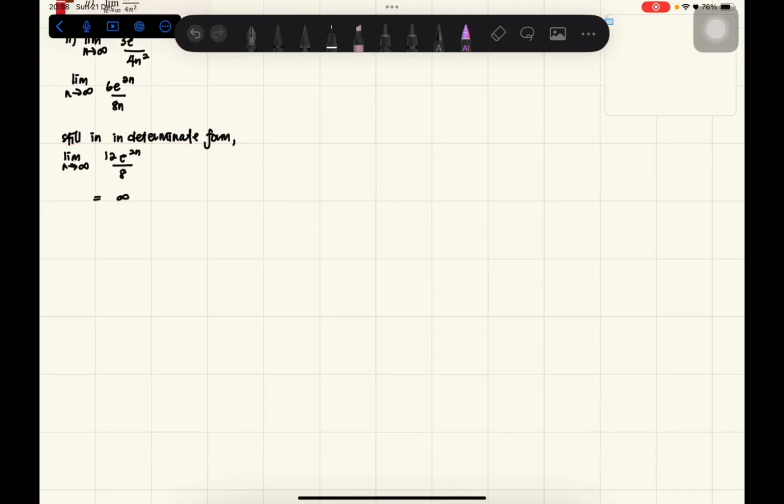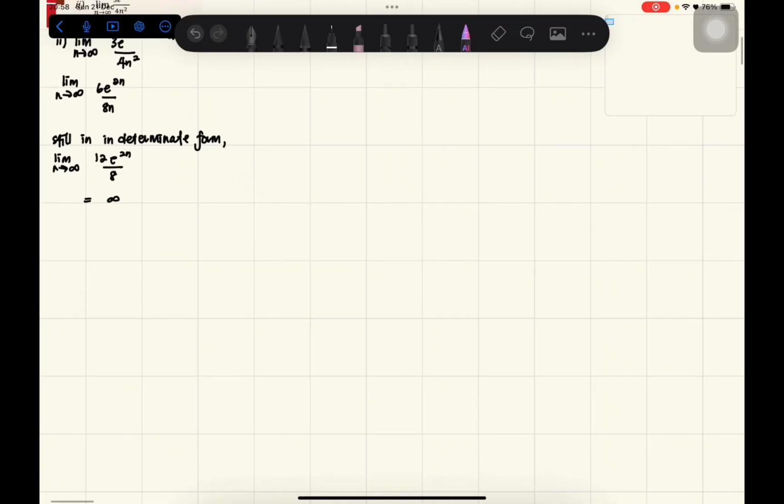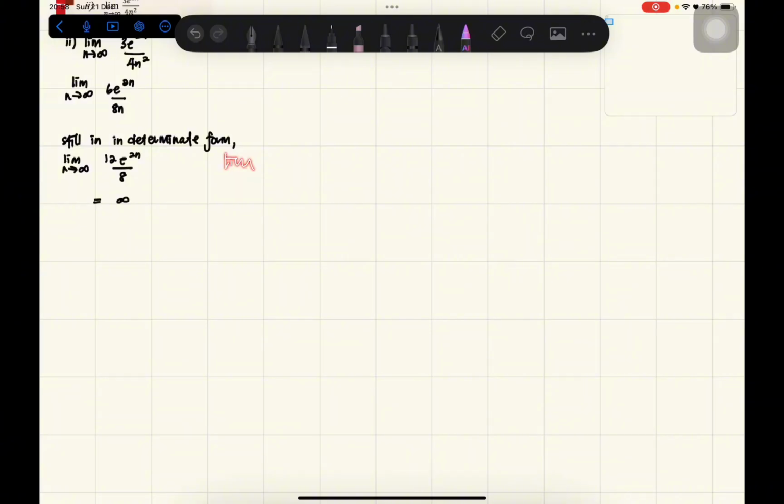Limit as n approaches infinity. So differentiate 6e to the 2n times 2, which will give you 12e to the power of 2n, and 8n will give you just 8. So you will get the final limit equals the limit as n approaches infinity of 12e to the power of 2n over 8.